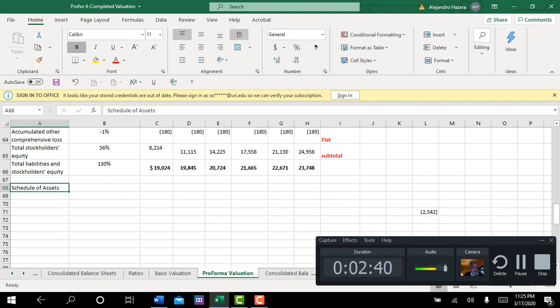Anyway, I'm going to call this the schedule of assets, and you could really call it the schedule of fixed assets. In this schedule of assets, I'm going to pro forma, or predict, both my gross assets and my accumulated depreciation for the next 5 years.